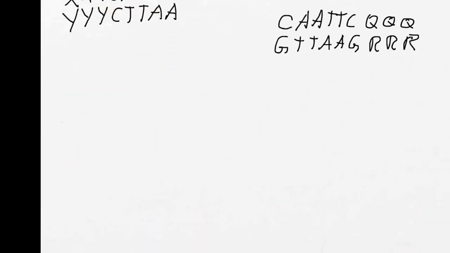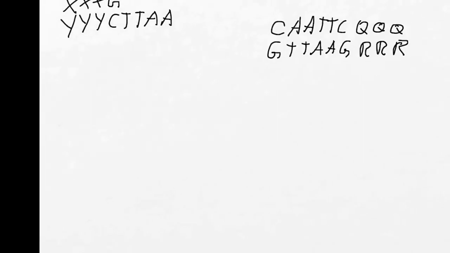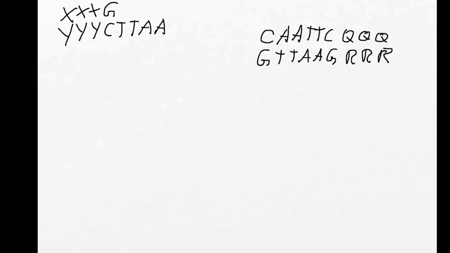Now let's look at the next option. So we have the CAATTC here. We cut here, and we obviously cut then here as well. So that's our cut here.